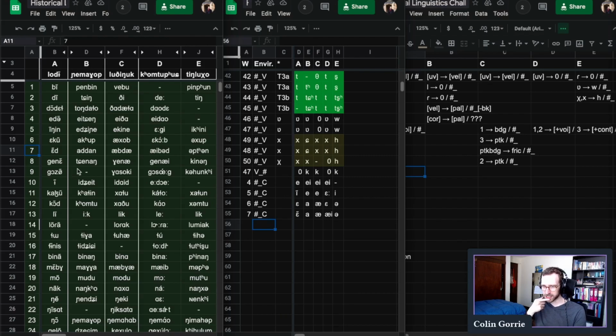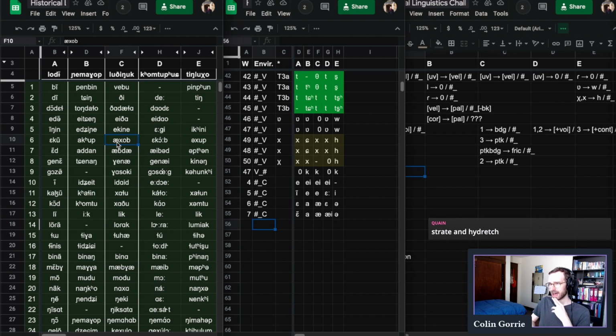We have a suggestion coming in that the word final thing in 6 seems to be something like M. That'd be interesting. We have a nasalization in A, and then we have stops everywhere else.